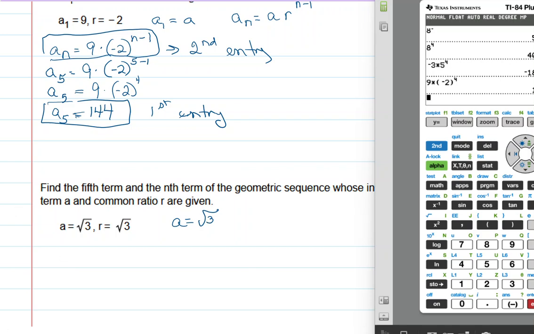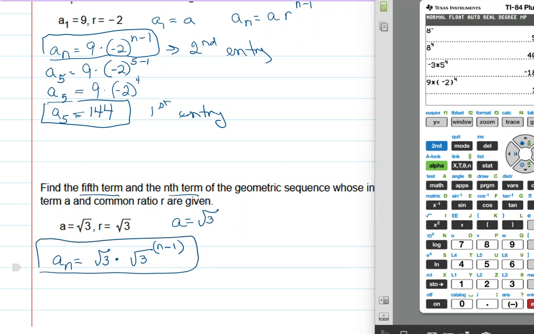So our a is the square root of 3 times, and our r is the square root of 3 raised to the n minus 1. So that it'll be oscillating as to how many square roots we use. All right, and then they want the 5th term and the nth term. This is my nth term.